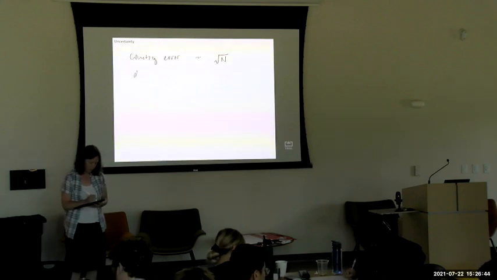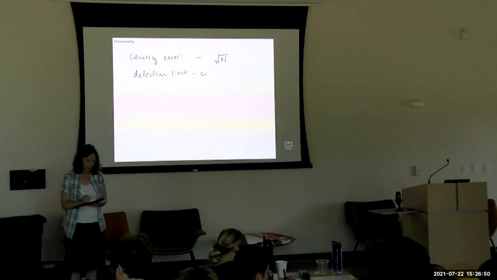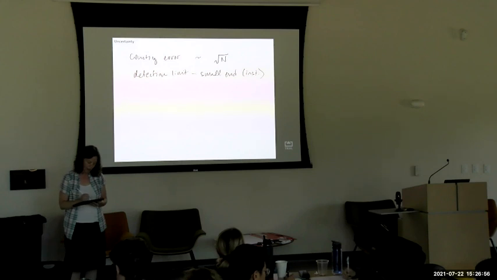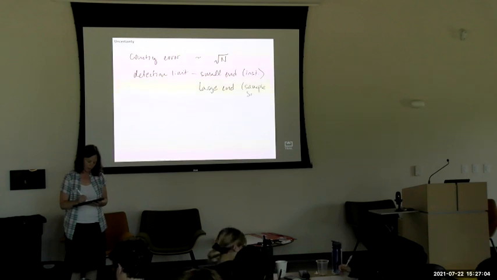Our detection limit: at the small end, that's just our instrumental limit. And at the large end of our size spectrum, that's going to be determined by our sample size. We might just miss the rare things.